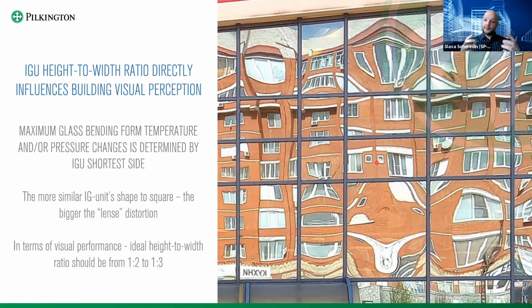Let's compare these two IG units, 1 and 2. This side is equal on both of them, but this one has a shorter side and is closer to a square. And the bending on the top IG unit is clearly less than on the bottom one.